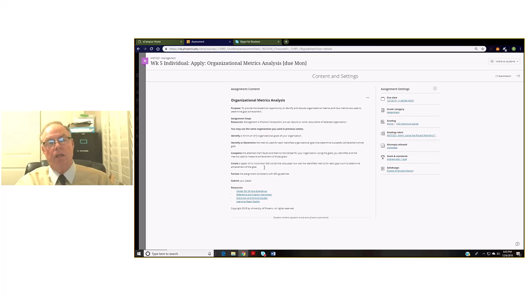And I don't want this to be a full-blown huge paper, right? I just want you to be able to explain the goals and metrics. And I want you to submit both those for your assignment. If you wish, you can submit the paper in the same document that has the worksheet, since the document that has the worksheet is a Word document.